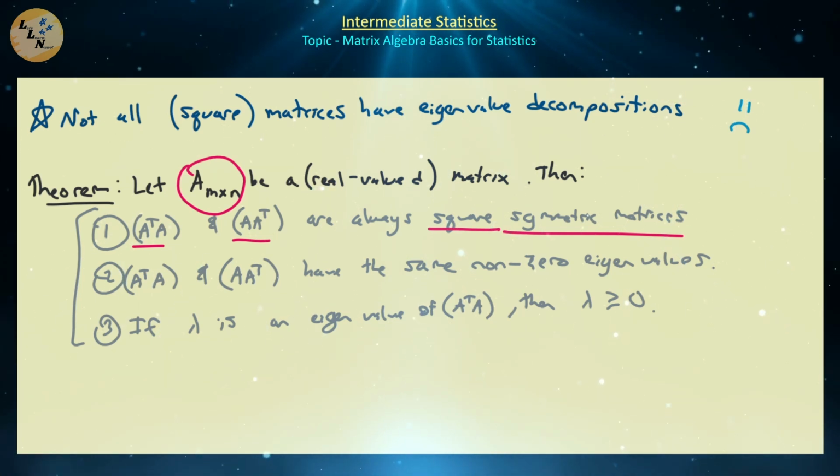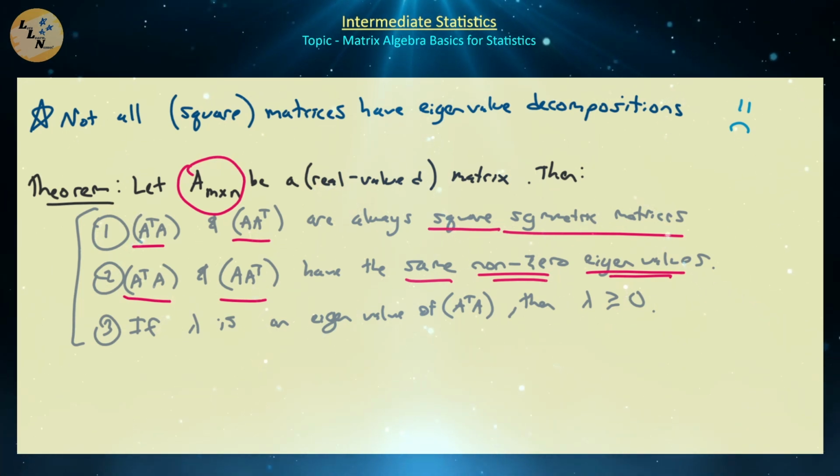Now, something that might not be super obvious actually: A^T A and A A^T obviously are going to be different matrices, but they have the same non-zero eigenvalues. Generally speaking, if m is not equal to n, then A^T A and A A^T are going to be different sizes. But the smaller one has the same exact eigenvalues as the larger one, but the larger one is going to have some placeholder zeros to fill in the gap, the difference between the maximum of m and n minus the minimum of m and n.